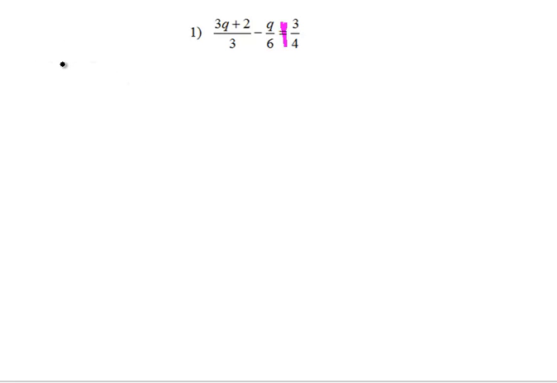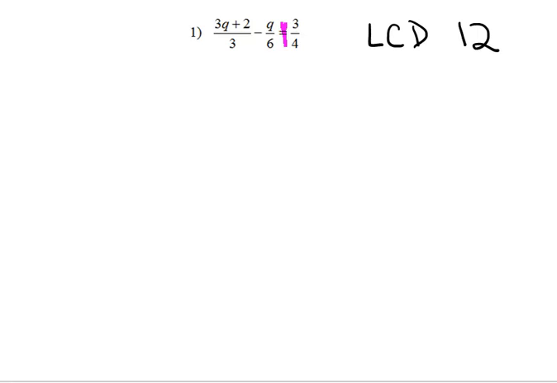So in order to do that, again, I'm going to look for the least common denominator, which is going to be 12, because 3 goes into 6, but 4 doesn't go into 6. But all 3 of them would fit into 12. So my least common denominator is 12.